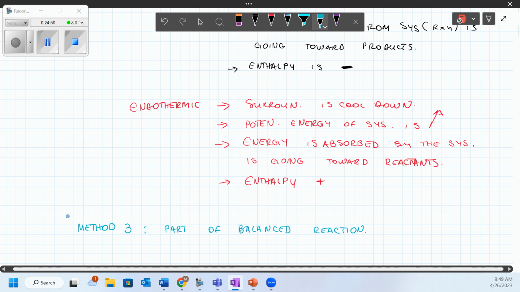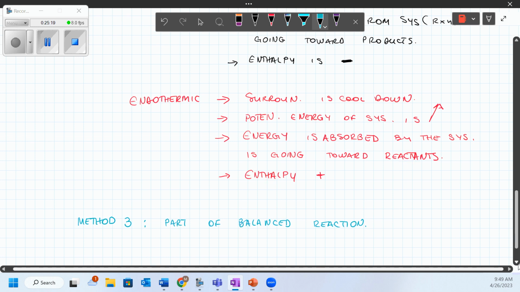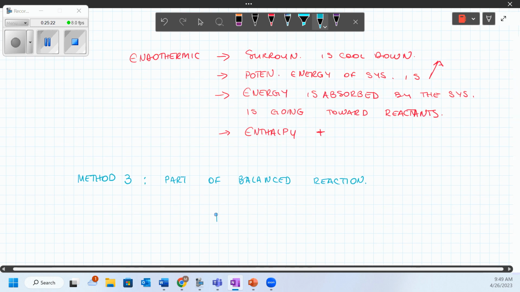If you have gathered that information, let's say the formation of the compound from the data booklet, then you have to consider in a balanced reaction, is it 1 mole or is it more than 1 mole, and so on and so forth. So let's suppose that we have the formation of ethane.